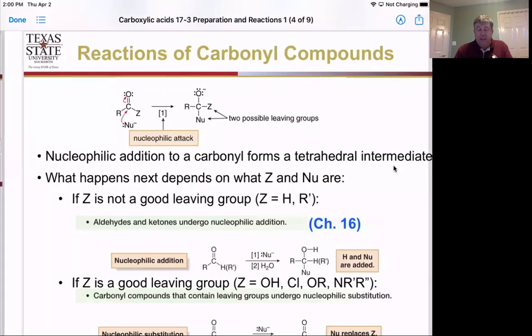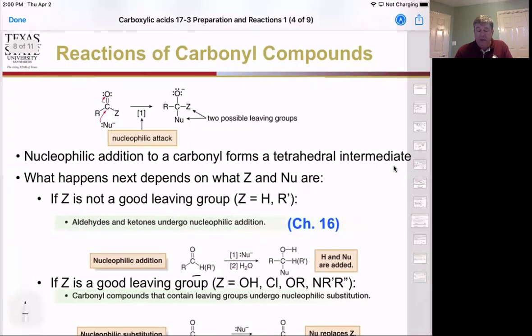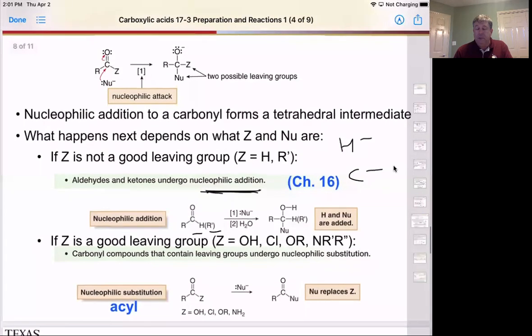In the case of an aldehyde or ketone, where we have a hydrogen or an R group right here, we end up with addition because neither hydride nor carbanion are good leaving groups. Okay, so what we end up with is addition reactions like we had in chapter 16.